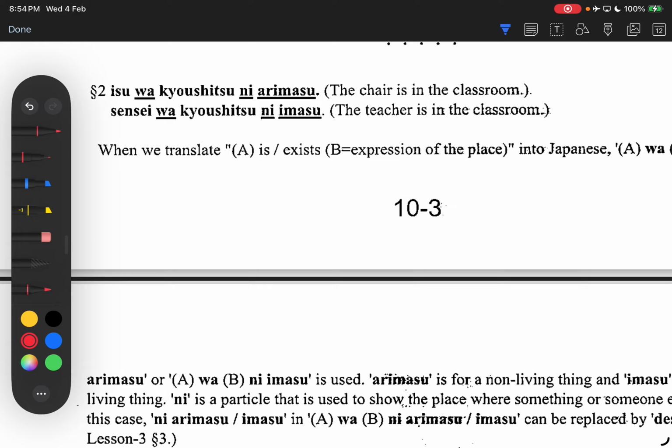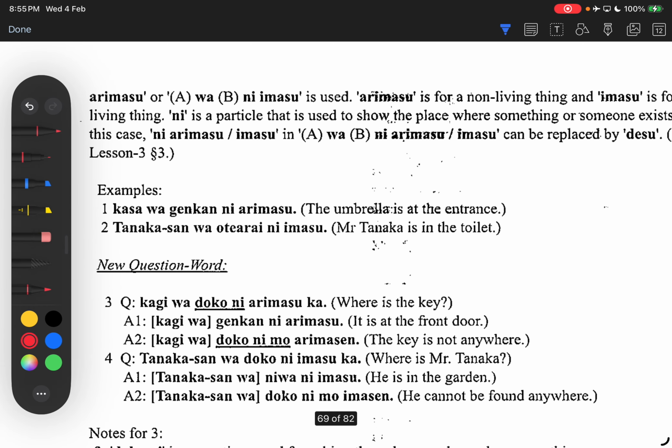Remember? He is toilet. Then this is where we use that he exists in the toilet. So this is the correct way to say Tanaka-san wa toire ni imasu. The one that we learned previously was a bit inappropriate, like he is the toilet. Recall that?